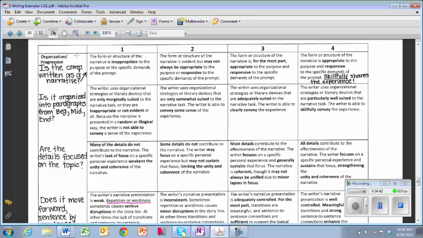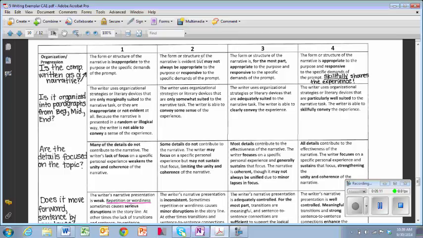Now, that's usually a yes or no question, and that's where there's some flexibility, and you'll really want to make sure that you've read through the paper, especially if you are trying to decide, for example, between a 2 and a 3 or a 3 and a 4. For the most part, a 1 is going to be no. The composition is not written as a narrative, or it's really inappropriately written as a narrative.